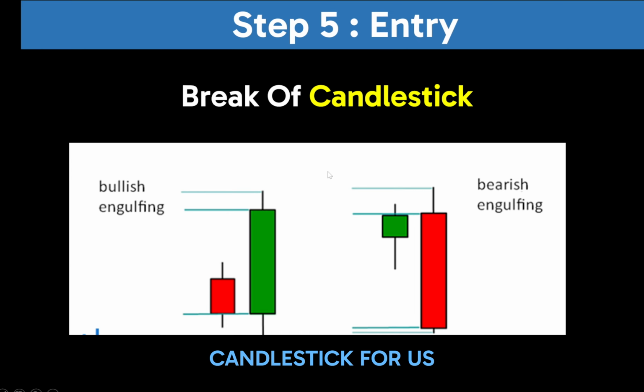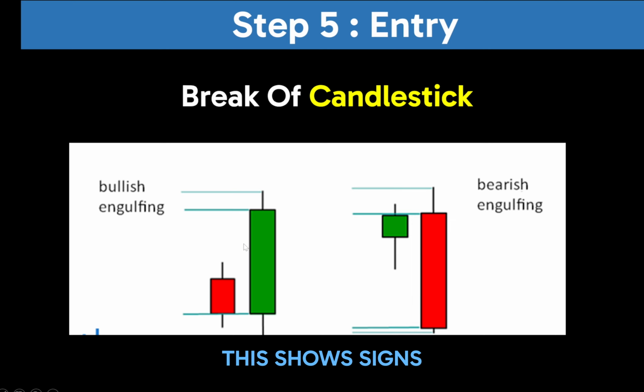Now the last part of this overall strategy is understanding your entry models, which will be a break of candlestick for us. Now you have probably seen bullish engulfing and bearish engulfing. These are very common candlestick patterns, and it's also very simple. So once all of our steps are put together, I'm going to show you guys, but our last step, we just want to see a candlestick that engulfs another one before getting inside of the trade.